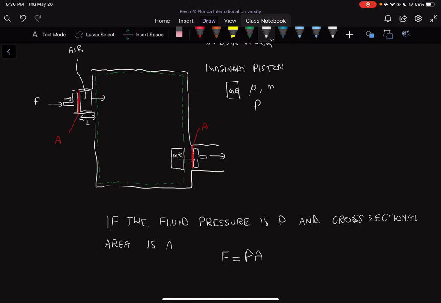So the force to push our block of air would have to be equal to the pressure times the area in which the force is applied.